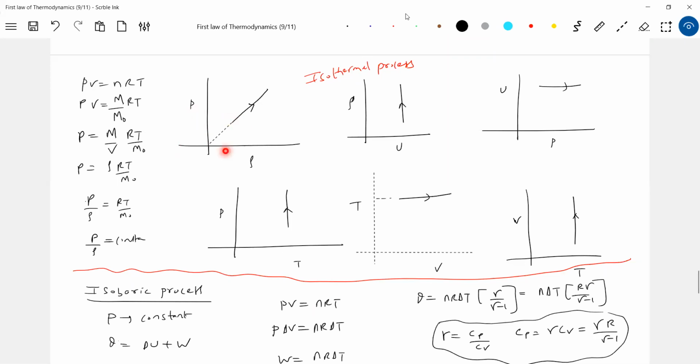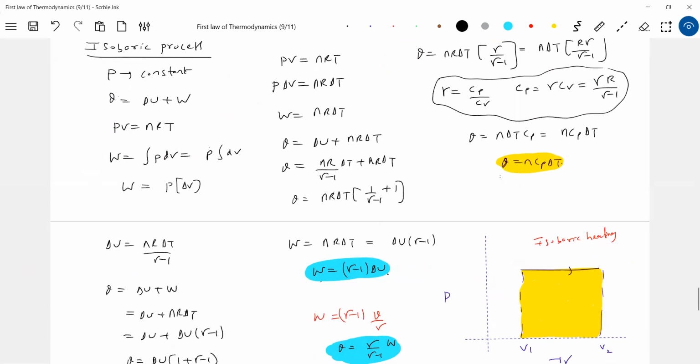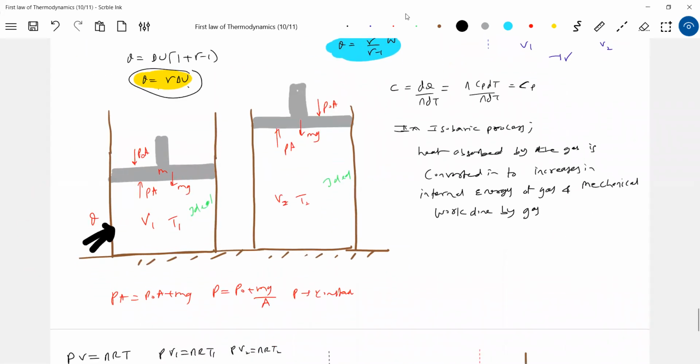This is the isothermal process. Then the pressure and density in fact vary. So all these are isothermal processes. So the background, you should never forget: the cylinder, gas and piston. Everything should be taught with that background.